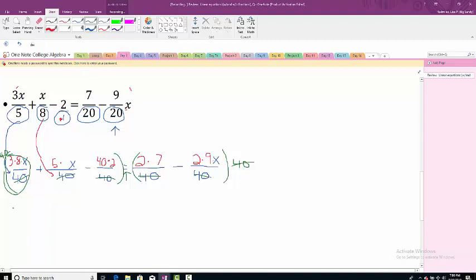So that leaves just the numerator. 24, 3 times 8 is 24, so we have 24x plus 5x minus 80 equals 14 minus 18x.